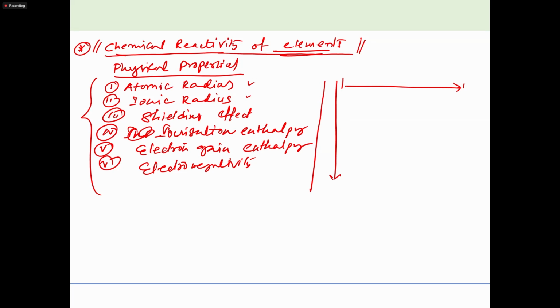So why have I written both physical and chemical properties here? When we talk about chemical reactivity, it depends on, or is correlated with, these physical properties. How?